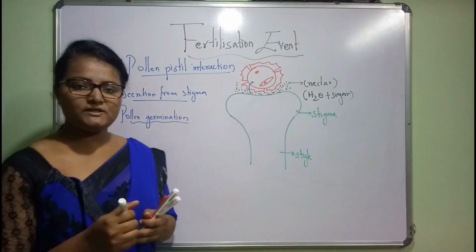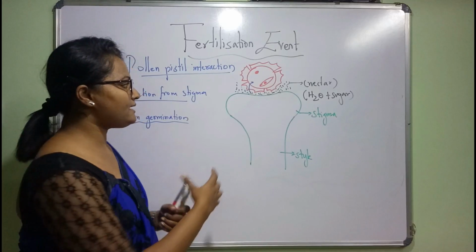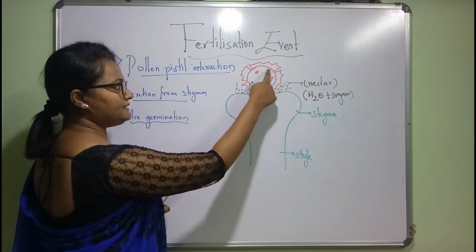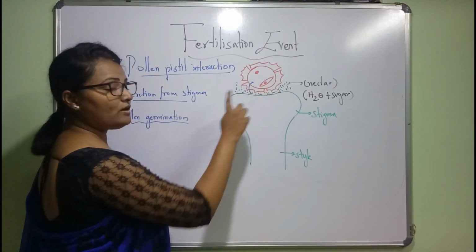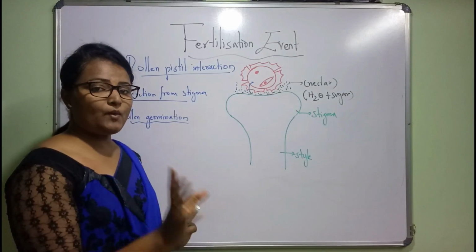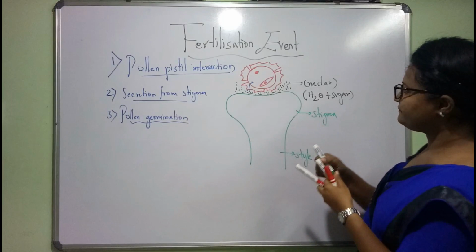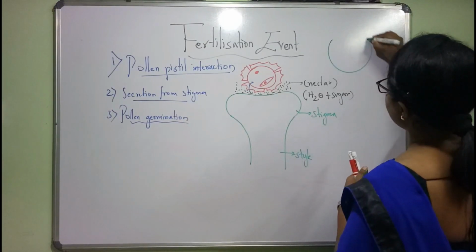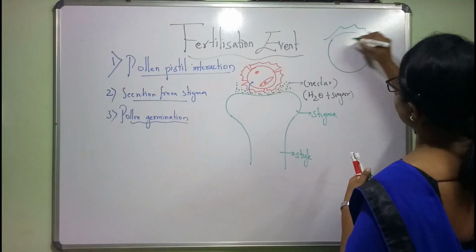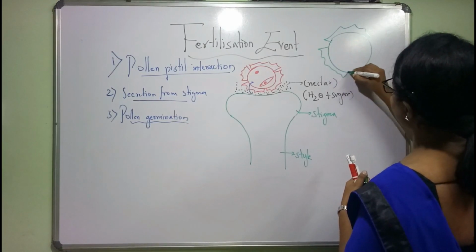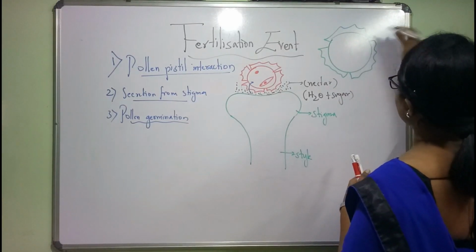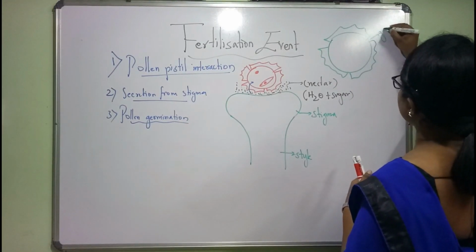What do you mean by pollen germination? We know there are some gaps in the exine wall, that we call germ pore. We'll revise one more time the structure of pollen grain. This is the germ pore.